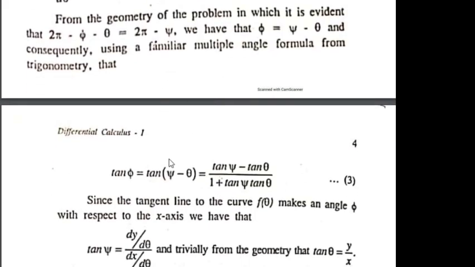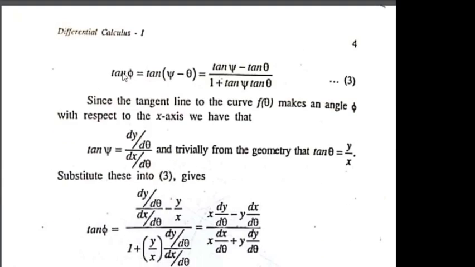So taking out phi from the formula, tan phi is equal to tan of psi minus theta. Then apply the tan a minus b formula: it is tan psi minus tan theta divided by 1 plus tan psi tan theta.